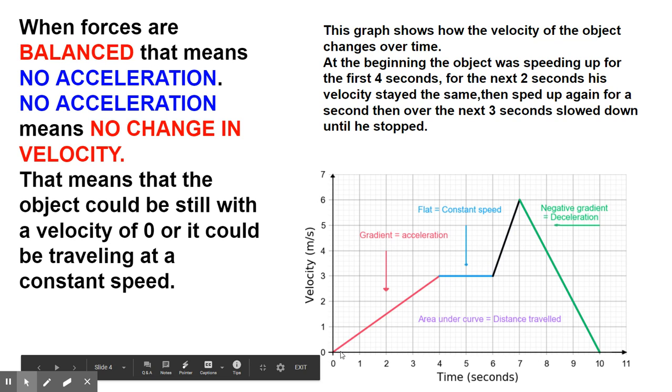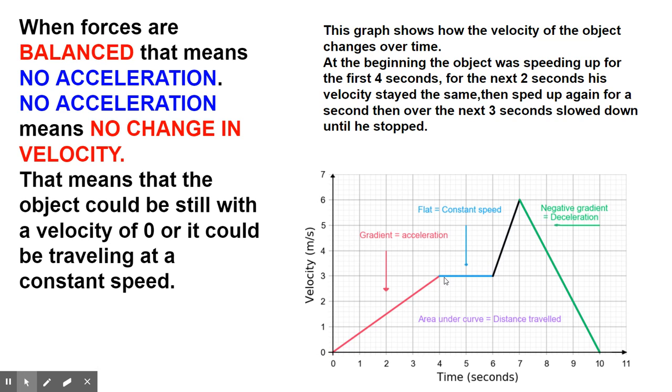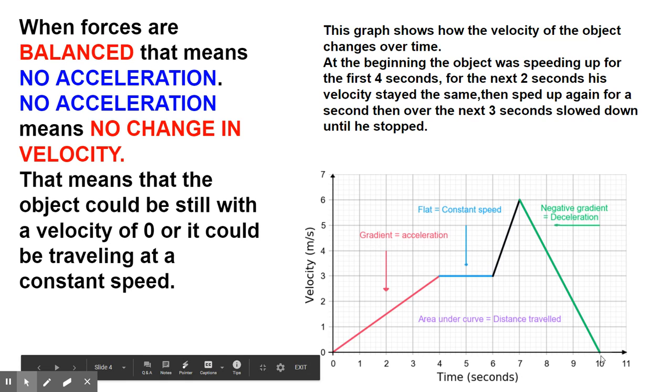So again, the story here is this car was accelerating, speeding up, got to 3 meters per second, stayed at 3 meters per second. Then it accelerated from 3 meters per second to 6 meters per second, and that took them 1 second there. And then it went from 6 meters per second to 0 meters per second over the last 3 seconds.